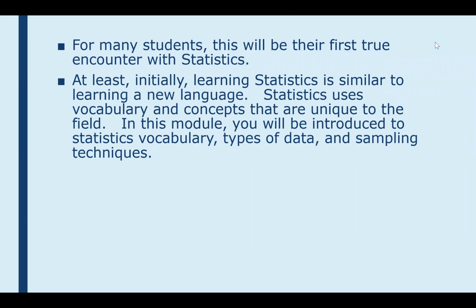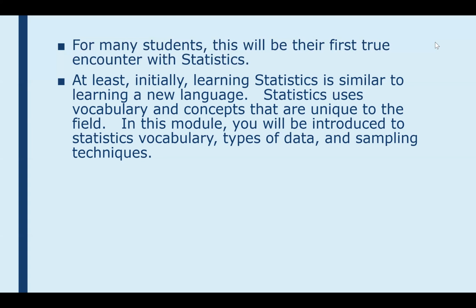At least initially, statistics can be almost like learning a new language because statistics uses its own unique set of vocabulary and its own set of concepts that are unique to the field. And so you need to understand those things. You've got to be able to know what it means when I say, what is the population?